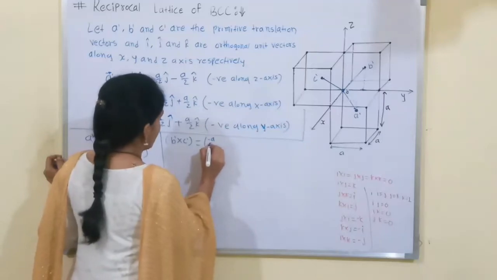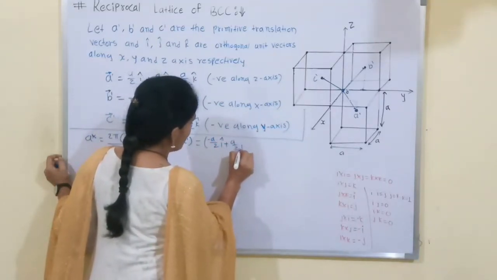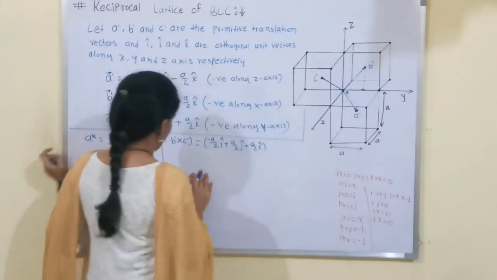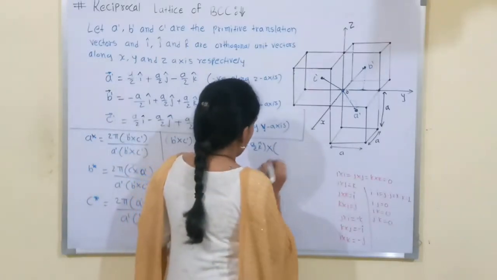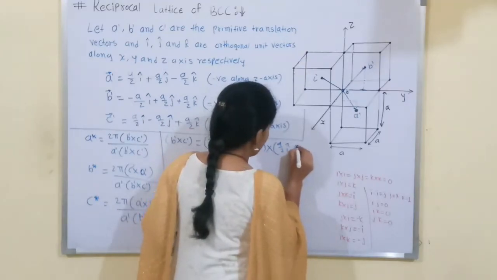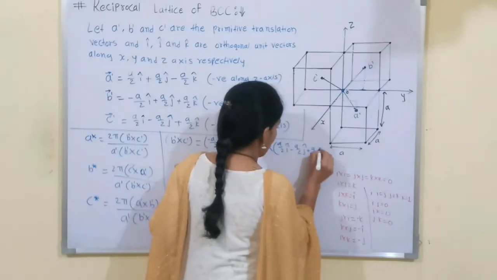The value of B dash is minus A by 2 i cap plus A by 2 j cap plus A by 2 k cap. In this there is a cross product, and the value of the C dash vector is A by 2 i cap minus A by 2 j cap plus A by 2 k cap.